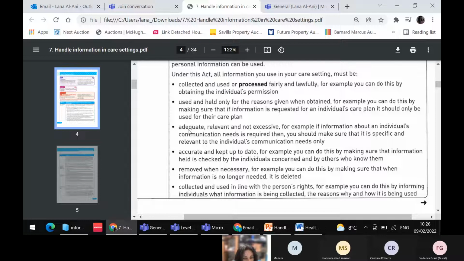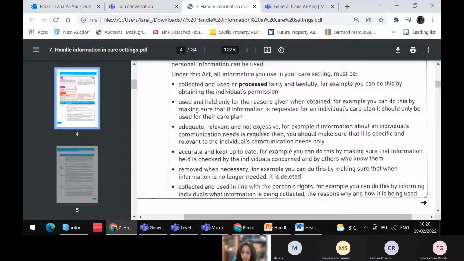be adequate and should be relevant, not excessive. What that means you don't get loads and lots of information about the person. You just need something relevant to you, to him. So for example, this Mr. X, which we just talked about, he's got diabetes, so we can get the information. When did he get the diabetes?